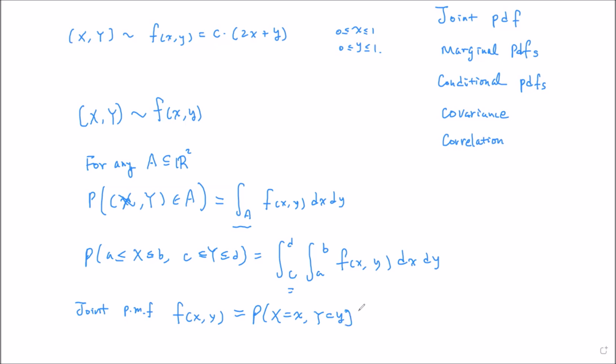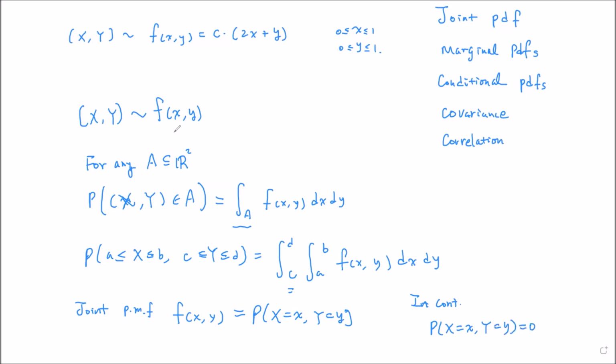But in a continuous case, for any two values little x, little y, the probability of capital X equaling little x, capital Y equaling little y is always 0.